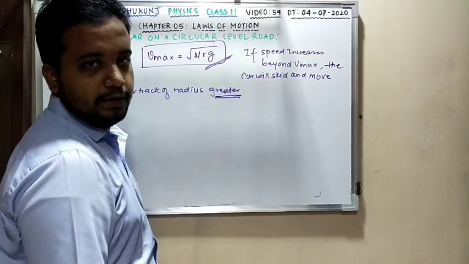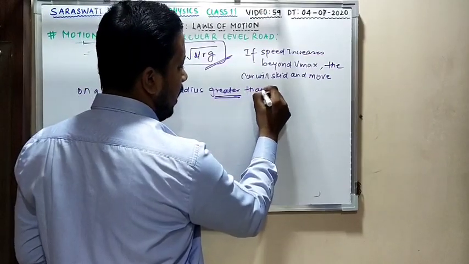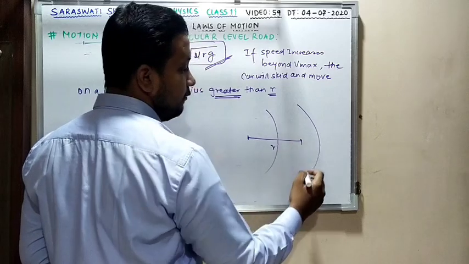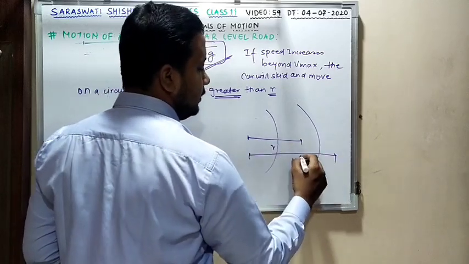Greater is important. First it was moving on radius r, now it will move on a radius greater than r.